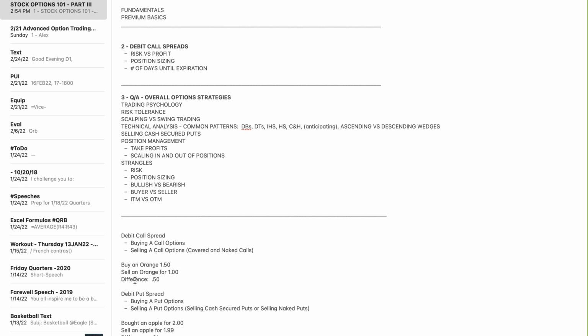Let's say you think Amazon is going to go through the roof, but you just do not have enough money to profit off of this prediction because the stock is too expensive for you and the options are too expensive for you. Well, why not buy a spread for that transaction, which is essentially buying a call option for Amazon and selling a call option for Amazon at the exact same time?